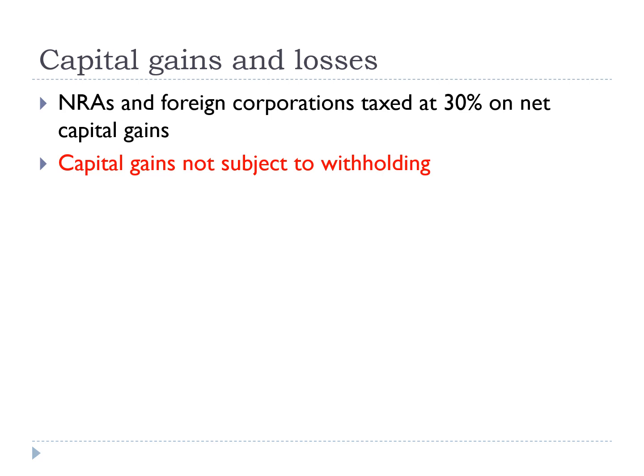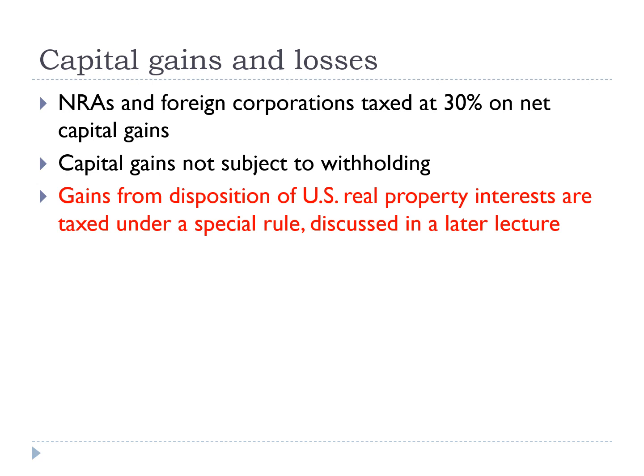Capital gains, when taxable under this provision, are not subject to withholding. The rules for capital gains in sections 871 and 881 do not apply to gains from dispositions of U.S. real property interests. These gains are the subject of a later lecture.